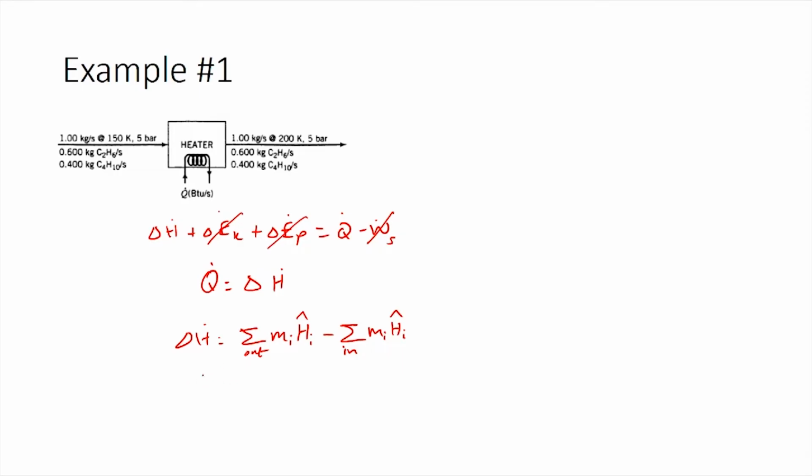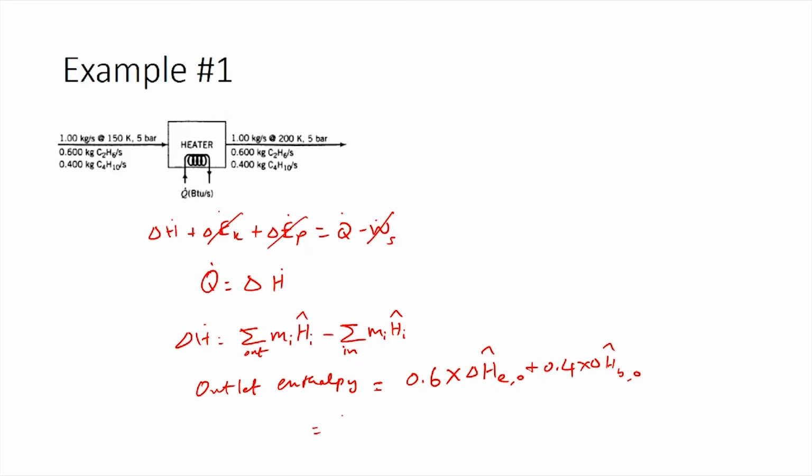Now, let us calculate the outlet enthalpy. Outlet enthalpy would be equal to 0.6 kilograms of ethane times the delta H cap of ethane in the outlet plus 0.4 kilograms of butane times delta H cap of butane in the outlet.